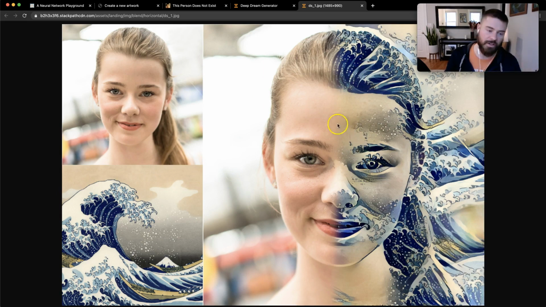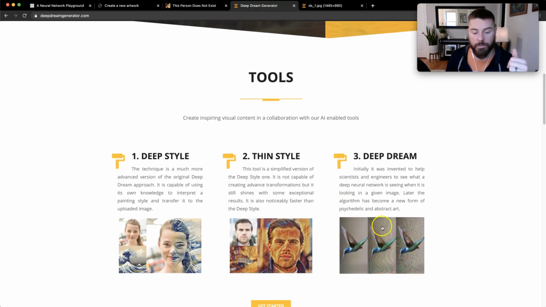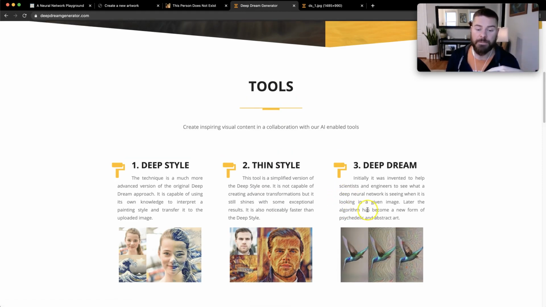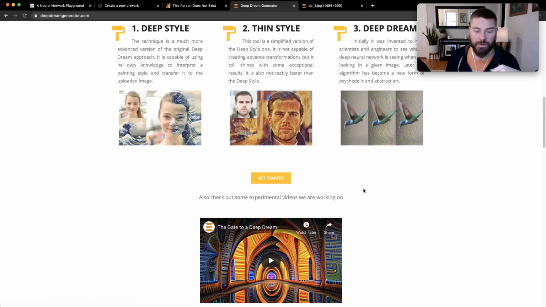Here, this is actually a great example. They're showing the actual picture on the left and the style applied picture on the right. But then we can also do this iterative process where you're feeding the thing back into itself, and they call this Deep Dream.